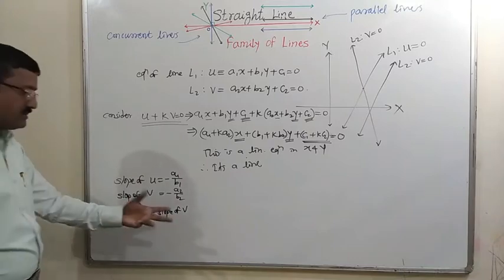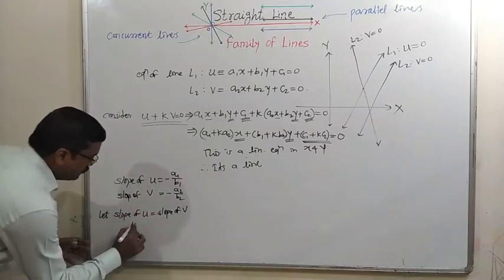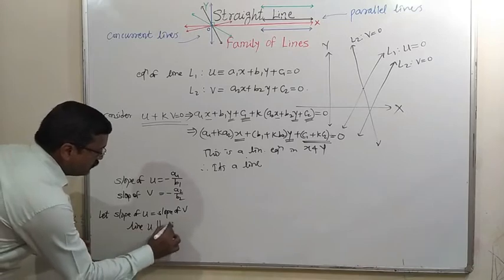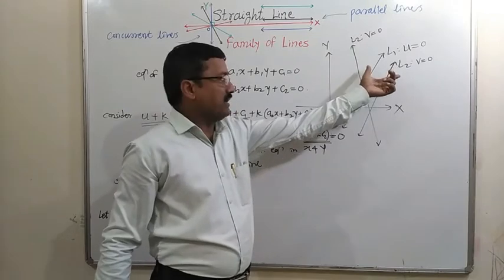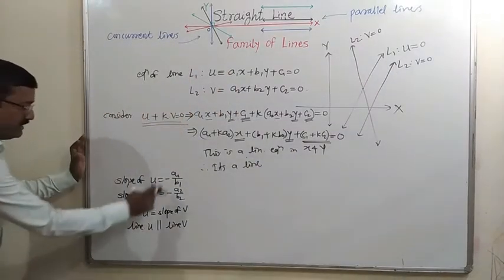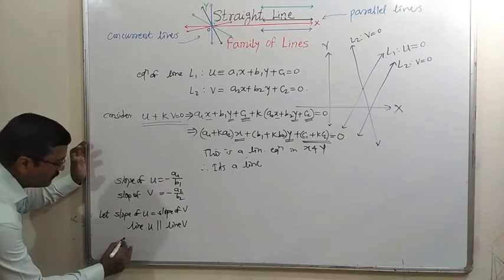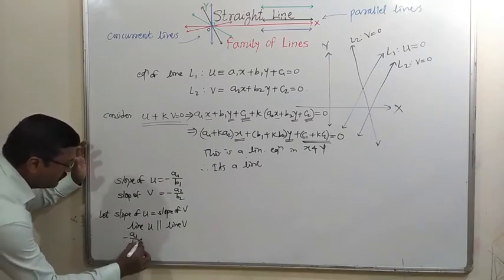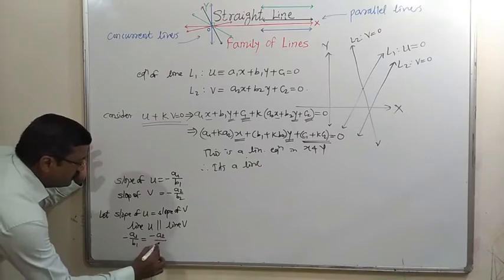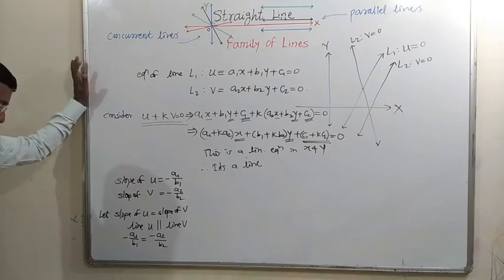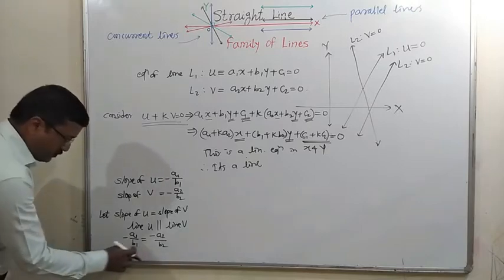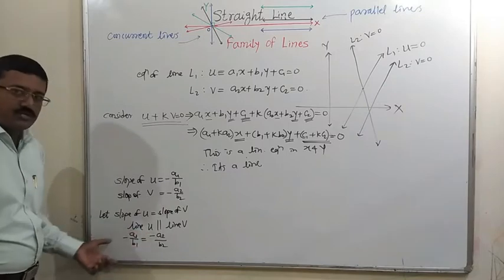Slope of u equal to slope of v means line u is parallel to line v. Now we are considering this situation that these two lines are parallel lines. If these two lines are parallel, then the slopes are equal. So we get here minus A1 upon B1 equal to minus A2 upon B2. But here, if we apply the property of equal ratios, have you learned that theorem or property of equal ratios? Here these two slopes are equal, that means two ratios are equal.